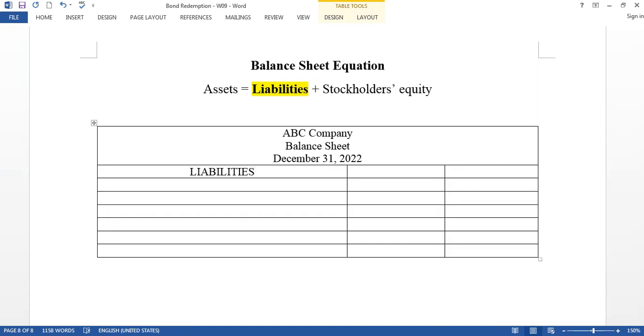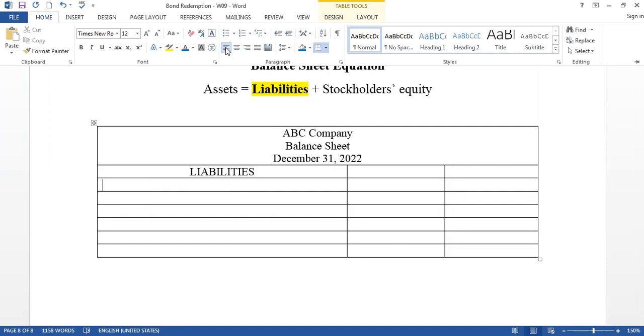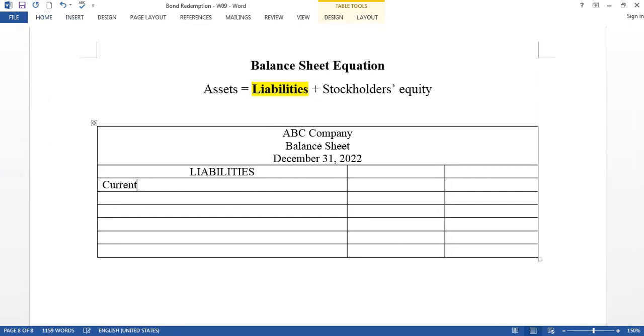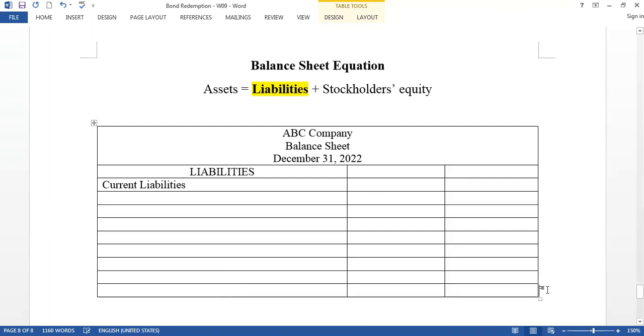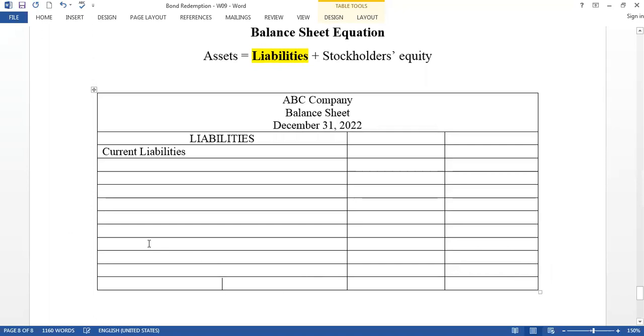We have two types of liabilities. One is called current liabilities, and the other is called long-term liabilities.